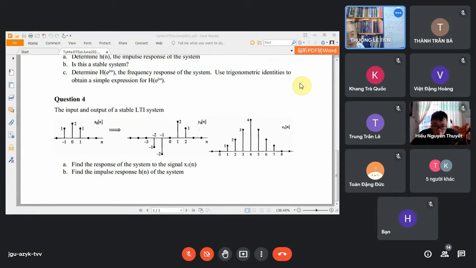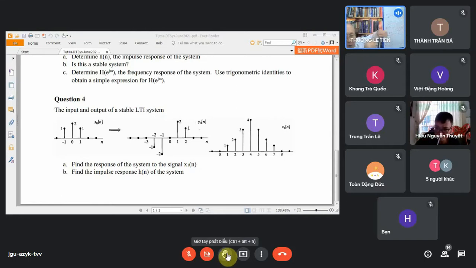So for question A, we actually have a couple of ways to go. But here we can implement the linearity properties of the system, because the given question provides that it is a stable LTI system. So straightforwardly, we can use linearity properties to find the solution.